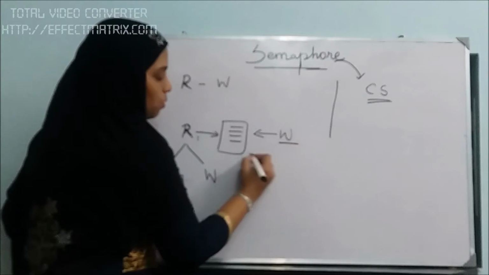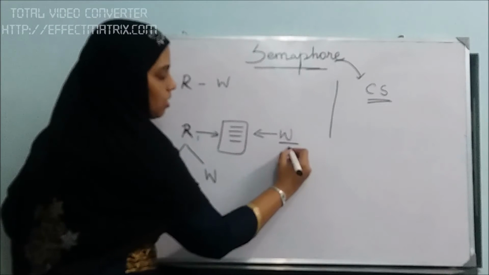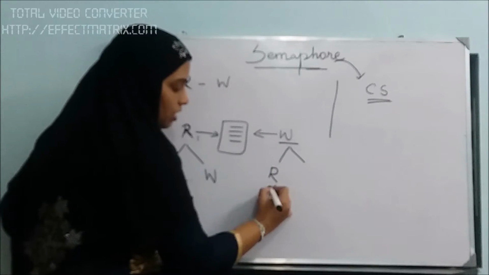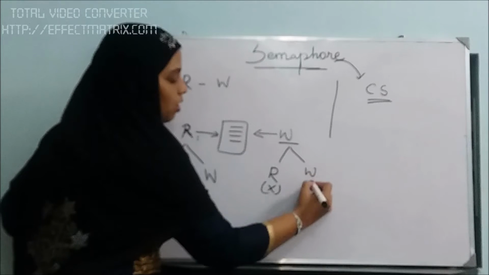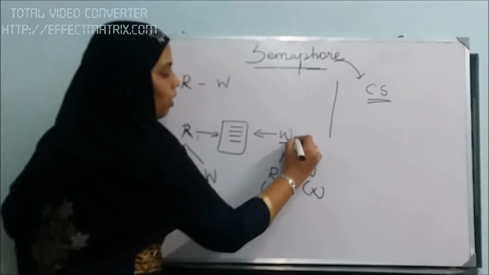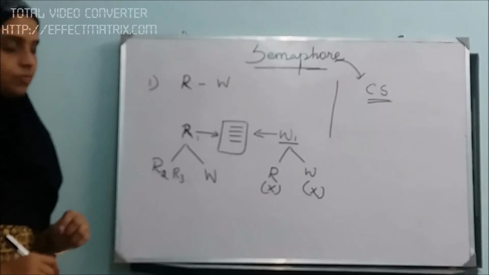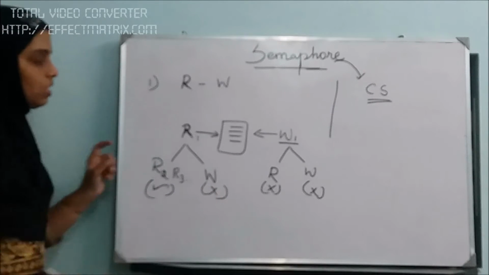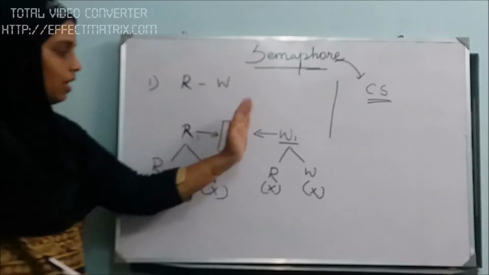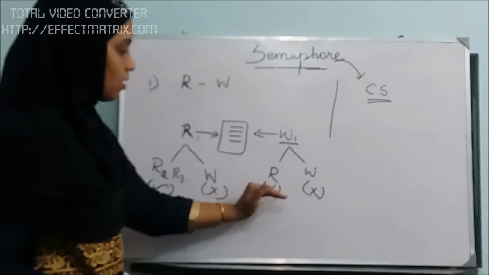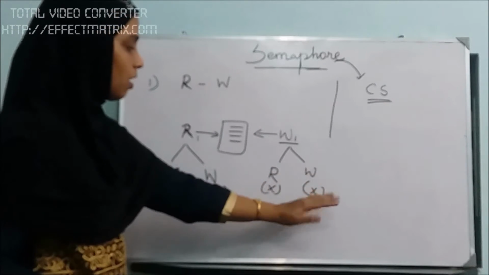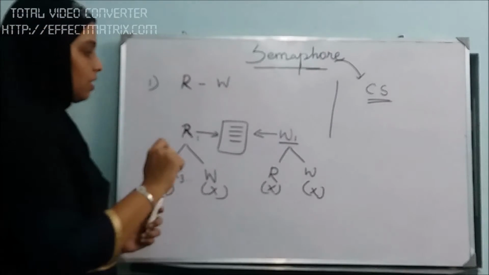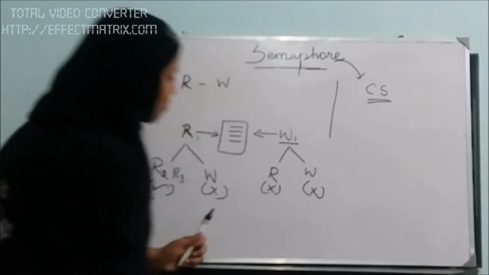When the writer goes to write the content, it also takes two conditions. It should not allow any readers and also should not allow any writers when one writer edits the content. Readers are allowed together, but writers are not allowed when the readers are reading the content. But in the writer's position, readers as well as writers are not allowed when one writer edits the content. So this is the first condition.